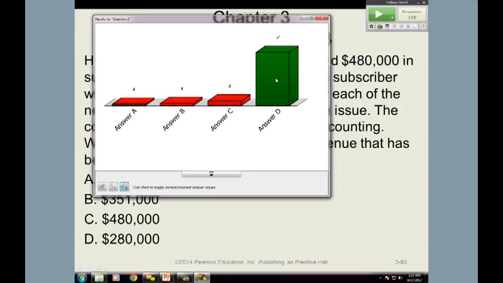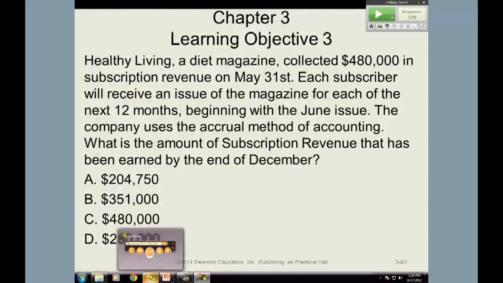Okay. All right, now the more important piece of this is, what's the journal entry? What would be the journal entry they make to record the subscription? They receive $480 in cash, so they do what? Right. They debit cash, $480.